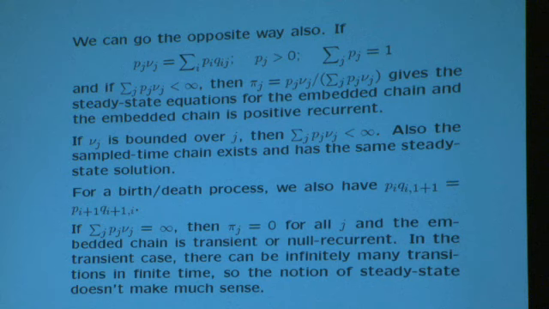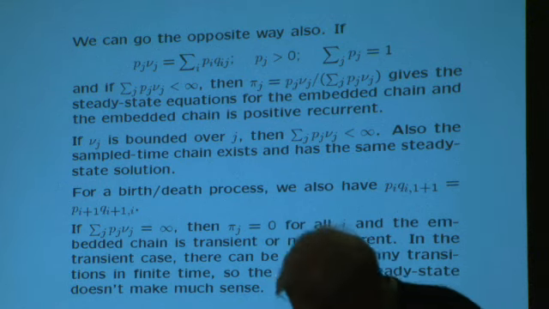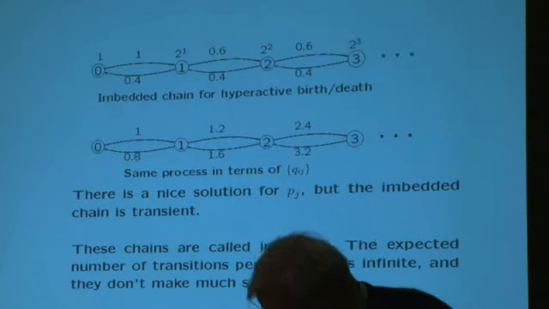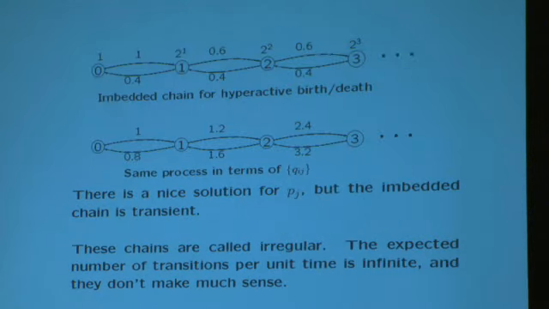Markov process people call these irregular processes. There's a picture of it on the next slide. Essentially, the embedded chain for a hyperactive birth-death chain: as you go to higher states, the rate at which transitions take place gets higher and higher.